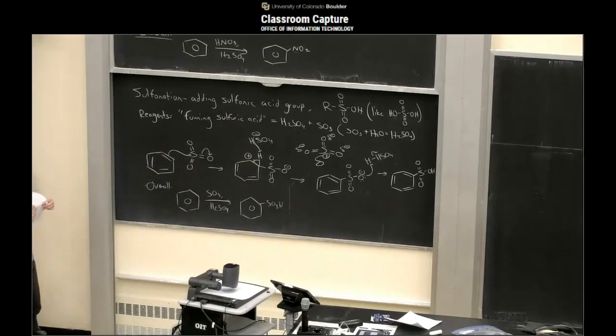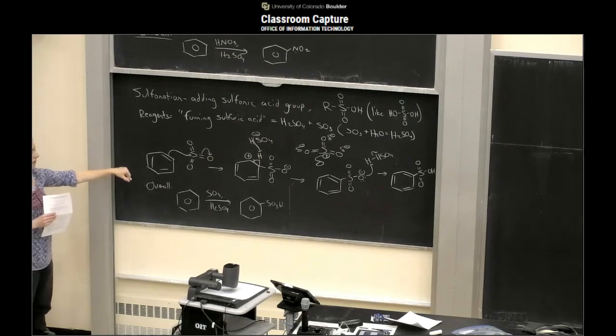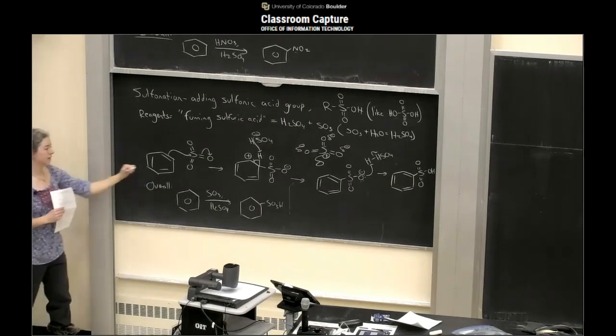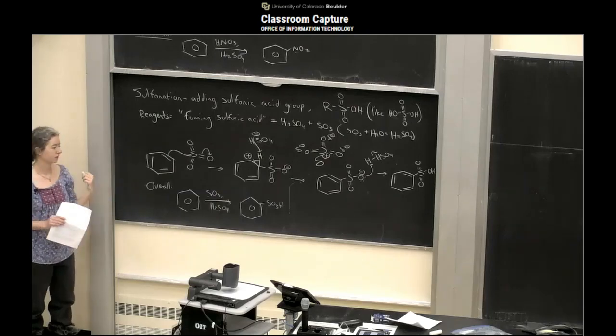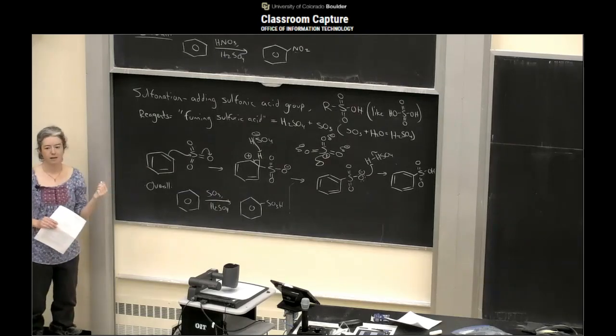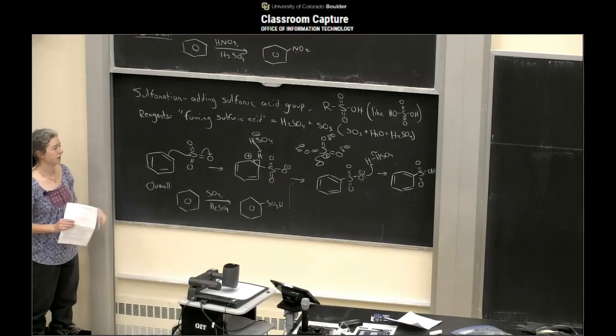Okay, so hopefully you're getting kind of familiar with the pattern of how the actual EAS part of the reactions work. It's all pretty much the same reaction, just with a few minor details maybe to do with proton transfer once we get the electrophile made or purchased or added to the reaction or whatever.